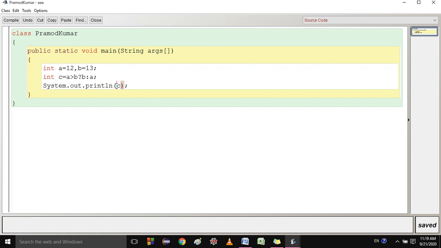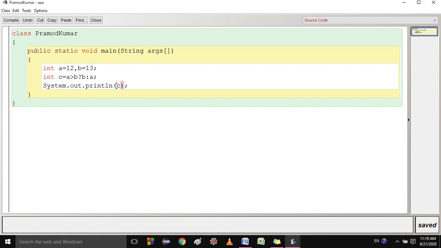And one more thing I want to explain today is how you can solve expressions, some questions which are related to the increment and decrement operators.